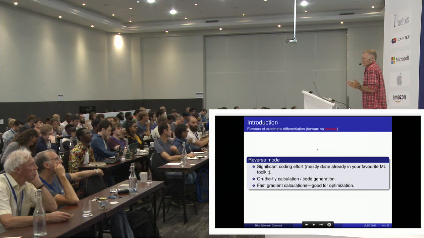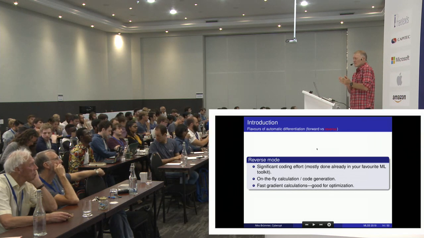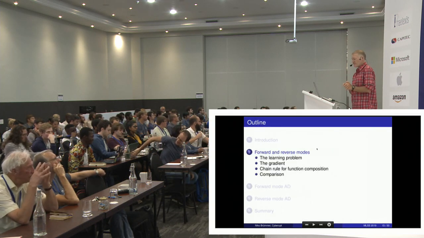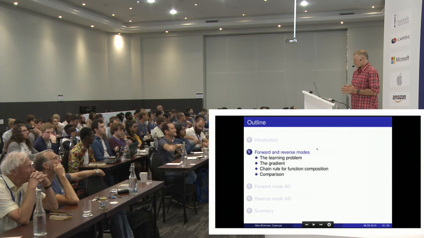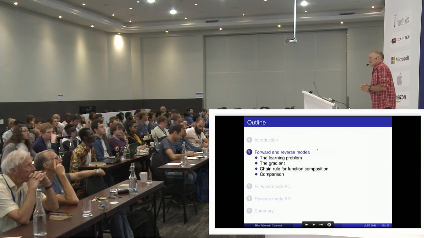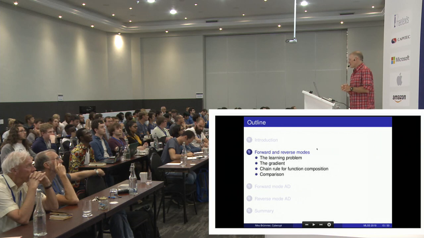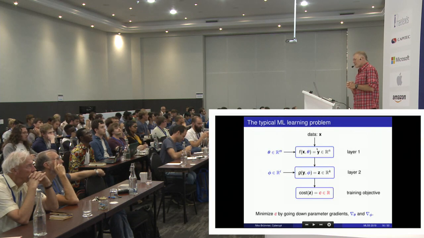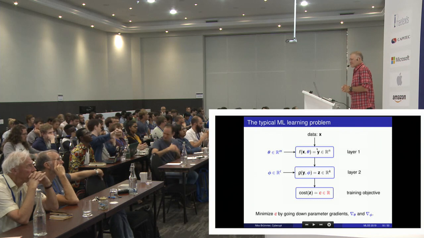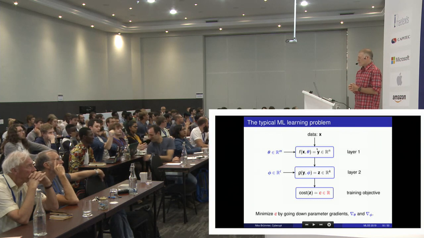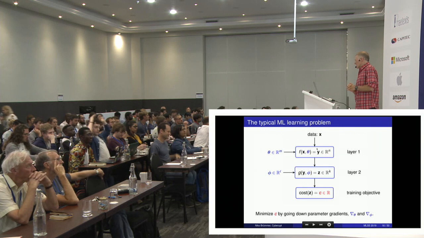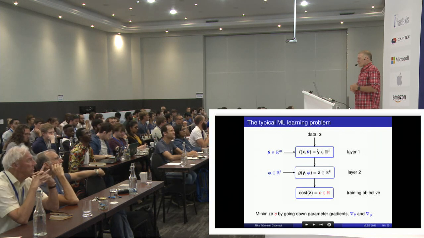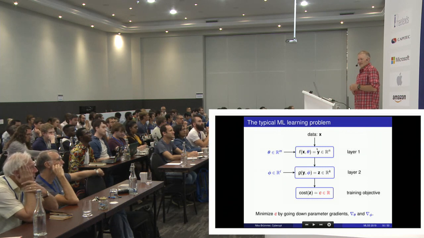So let us zoom in and explain this difference between the forward and reverse modes. This is a typical machine learning problem. It might be a two-layer feed-forward neural net, but it could also be some component inside of your variational autoencoder or somewhere in your GAN.